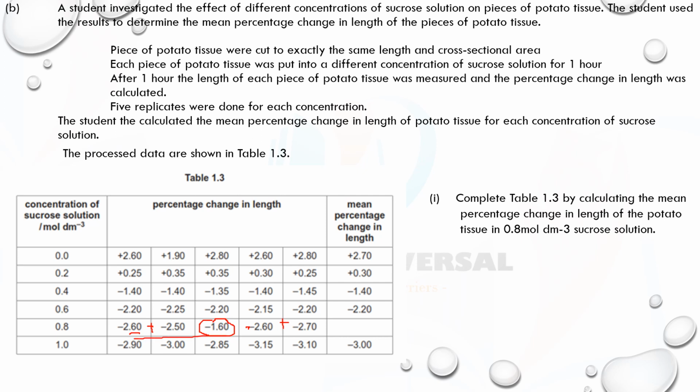When you finish adding them, you are removing the minus. So this is minus 2.6 plus minus 2.5, remember these are in brackets, plus minus 2.6 again, plus minus 2.7.